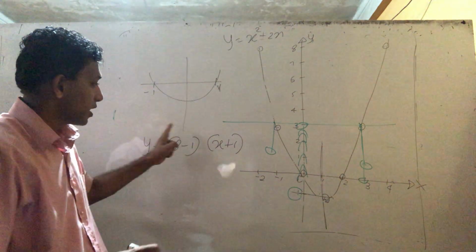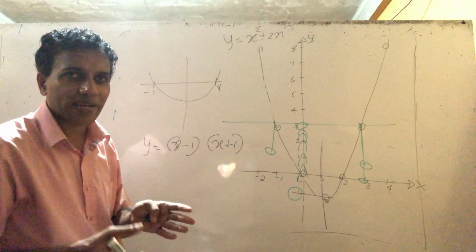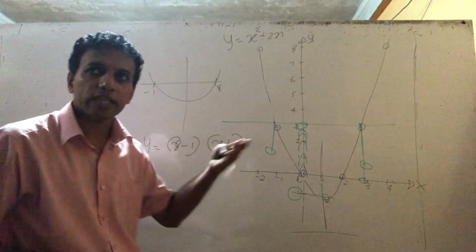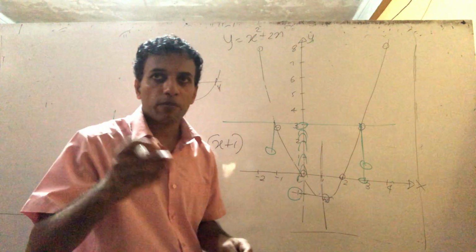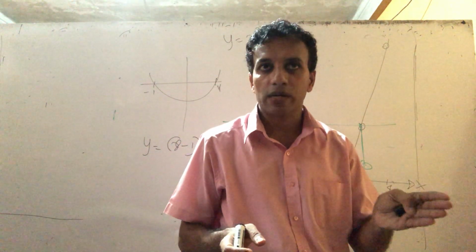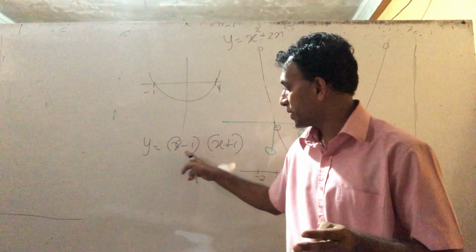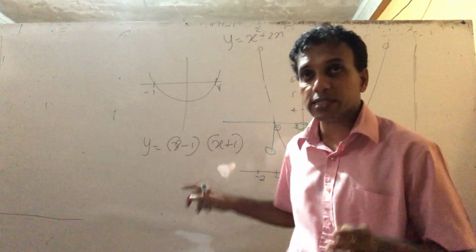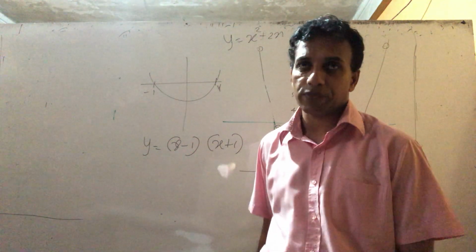This equation is enough. If you want, you can multiply the brackets. x minus 1 times x plus 1 means what? x square minus 1, like a factorization. x square minus 25 is x minus 5 times x plus 5. x square minus 100 is x minus 10 times x plus 10. So like this, multiplying the brackets, y equals x square minus 1. But the factored form is enough as the equation.